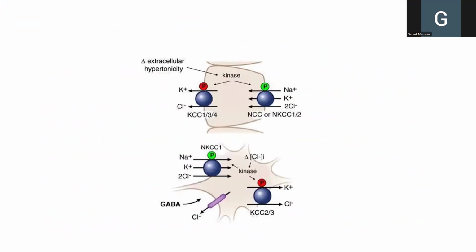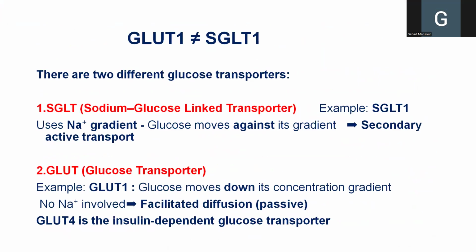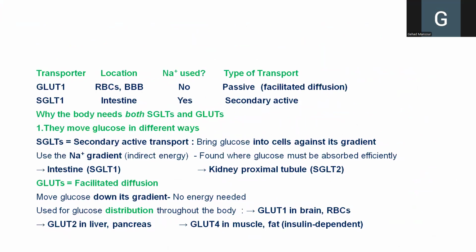That's why we said on the slide that we do not need sodium ions. We have another type of transporter. The GLUT1 transporter was used in the red blood corpuscles, whereas the GLUT4 transporter is the glucose transporter that is dependent on insulin.